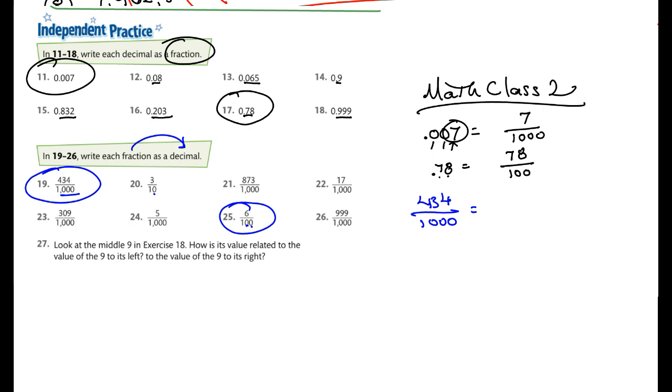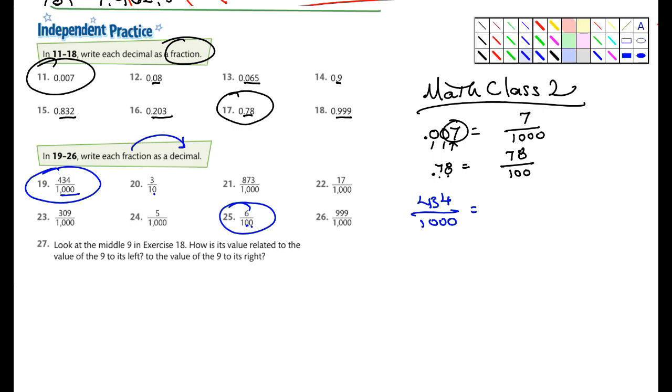So the first one we're doing here is 434, 3 places, so it's going to be decimal 434. There's 3 places. Number 25, I went and circled that one already. Let's look at that. How many places are there? It's the hundredths place, 2 digits, so it's 6 over 100.